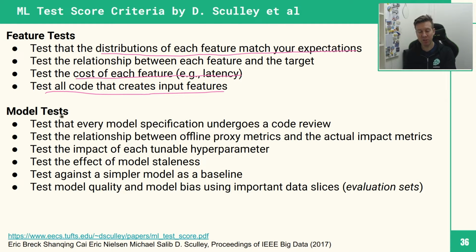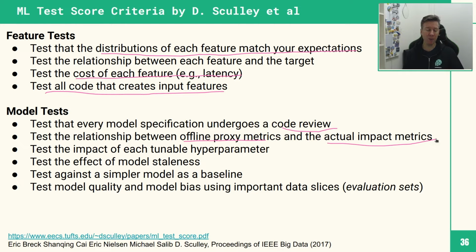And then when you've trained models, you can do a bunch of tests on models. So you can test that every model specification should undergo code review. That's a reasonable, maybe not automated test, but something that can help a lot. You can test the relationship between some sort of offline proxy metric. So often we don't know the outcomes of all predictions, but we can have some proxy for it.